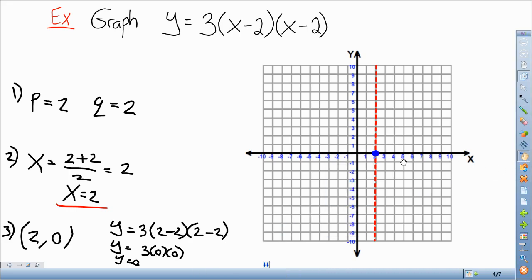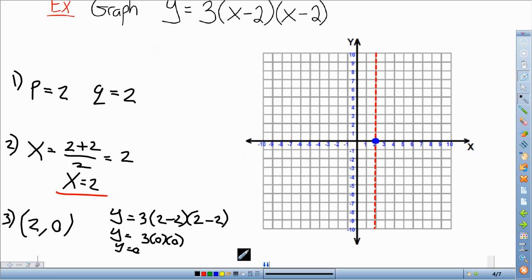Okay, so I'm going to go one more step on this thing. I'm going to rewrite this equation, y equals 3, but I'm going to plug in zeros for x. So (0 minus 2), (0 minus 2). So y equals 3 times negative 2 times negative 2. 3 times negative 2 is negative 6, and negative 6 times negative 2 gives me positive 12.